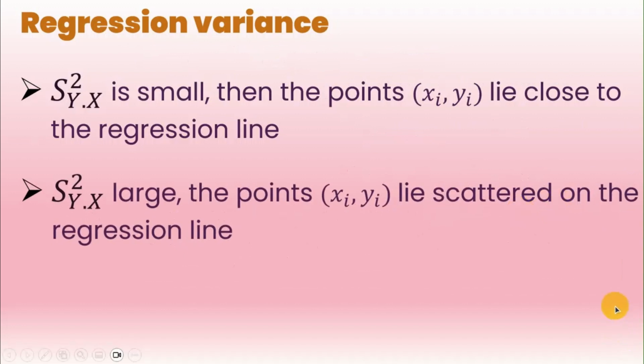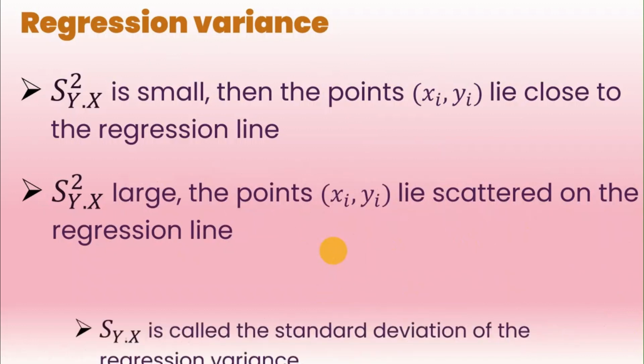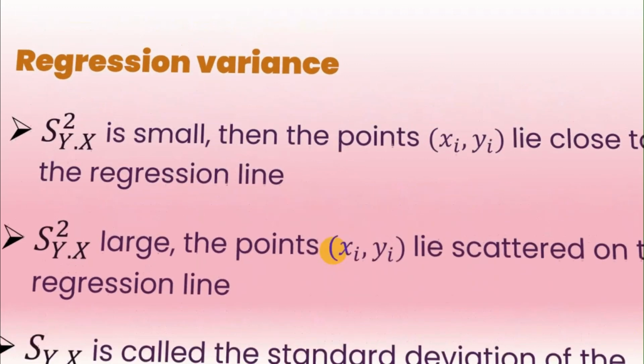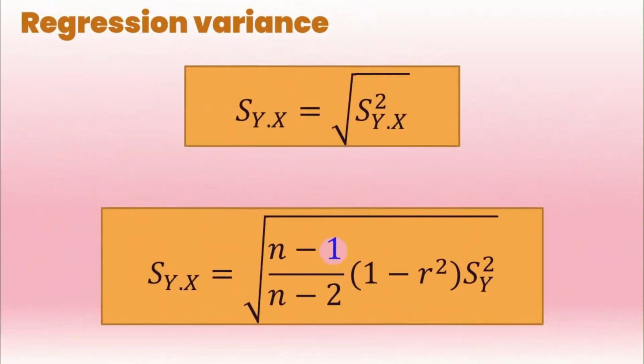If it is large, the points xi, yi are scattered around the regression line. The square root of it is called the standard deviation of the regression variation. And these are two formulas of regression variation.